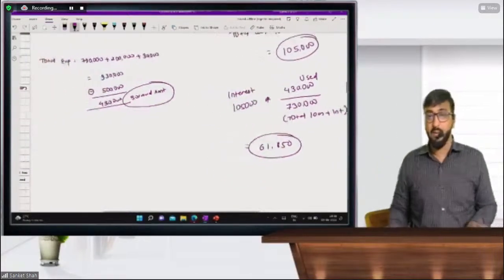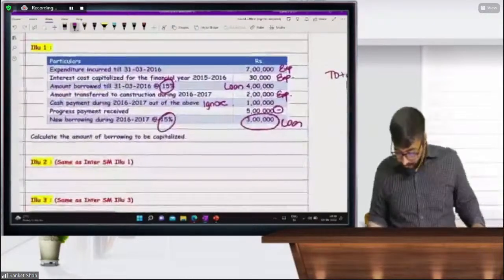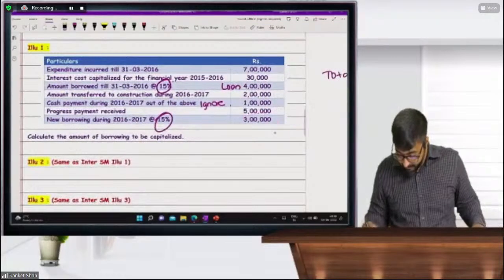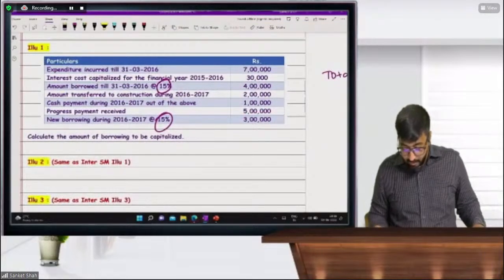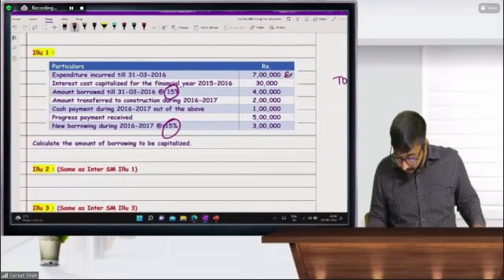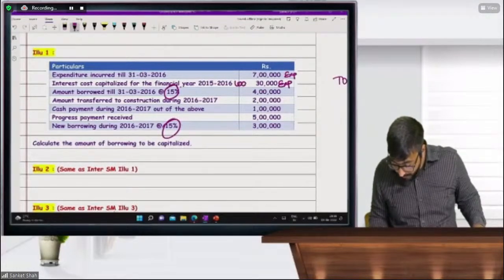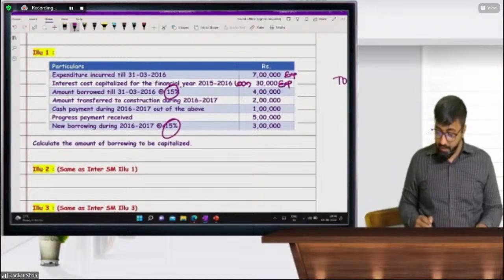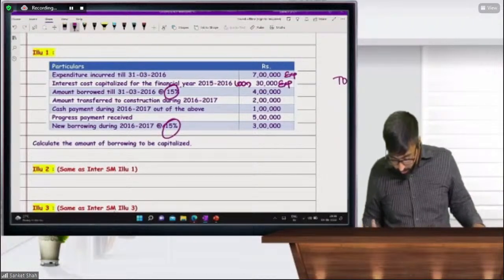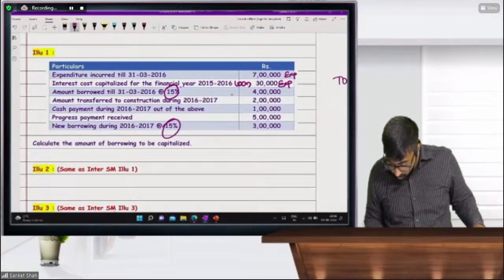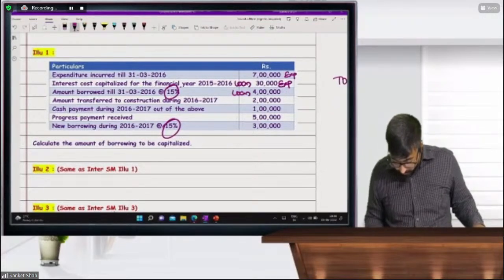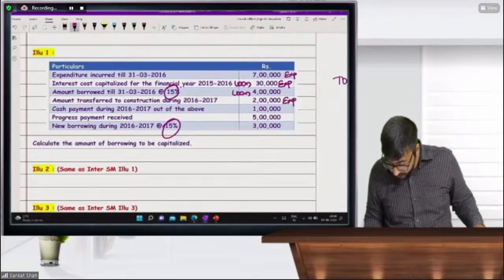एक बार हिंदी में बता देता हूं बेटा, देखो ये क्वेश्चन में मैं वापस एक बार एक्सप्लेन कर रहा हूँ. सी व्हाट आई हैव डन. सी दिस इज एक्सपेंडिचर. This is expenditure also, and we will assume this is not yet paid. So loan amount also, assume not yet paid. Amount borrowed, loan amount. Amount transferred to construction, so this is your expenditure.